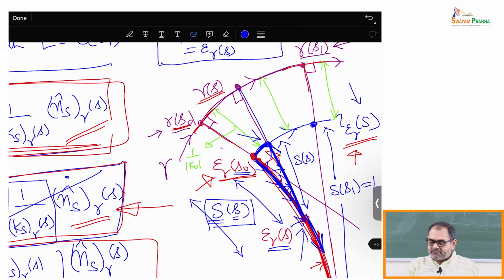So the way to reach this point here is I start from this point epsilon sub gamma of s, and then I add this arc length, which is capital S of small s, that is this length, and I have to move in the direction which is negative to the unit tangent vector of the evolute.